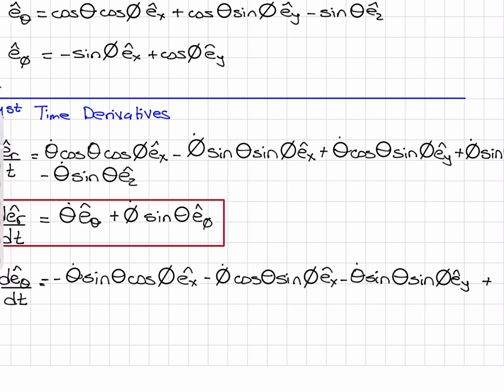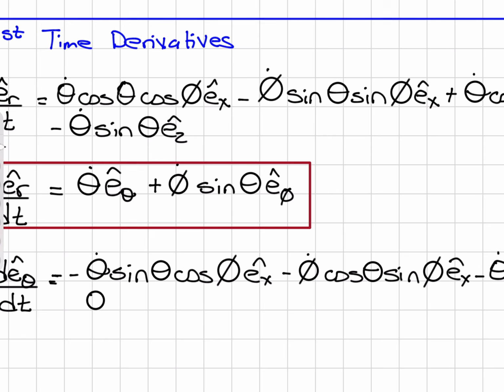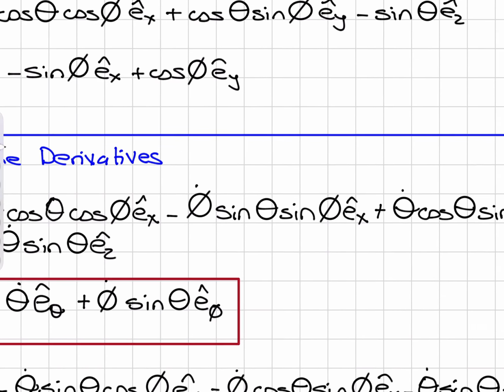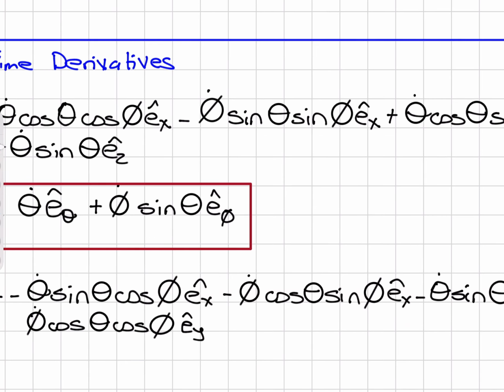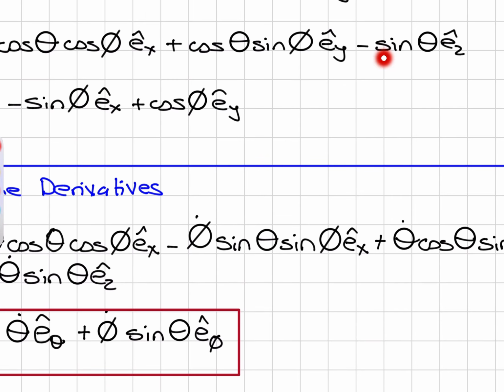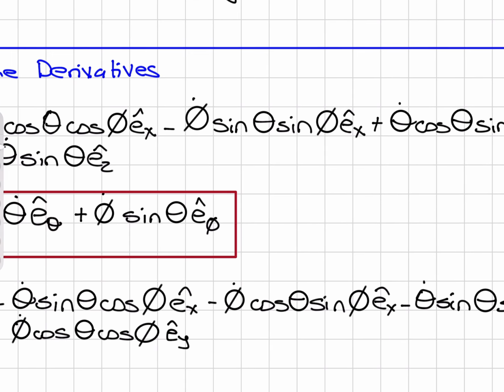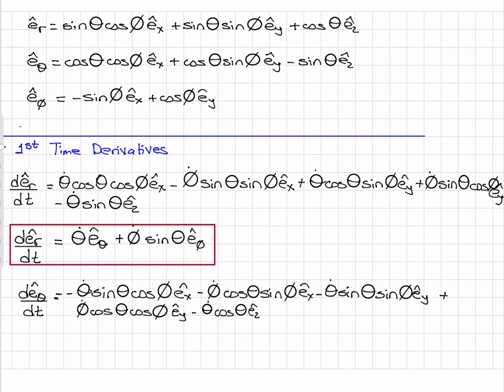So then I have plus phi dot cosine theta cosine phi, so the sine turned into a cosine, in ey hat direction. And for the last term, I will have minus theta dot cosine theta ez hat.